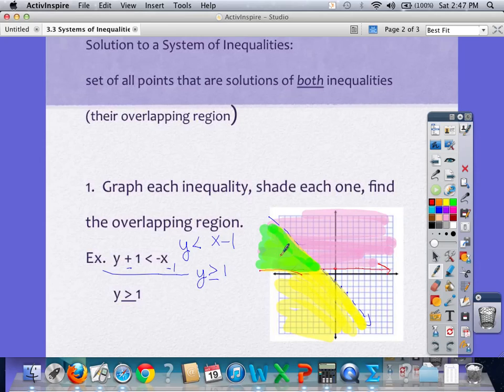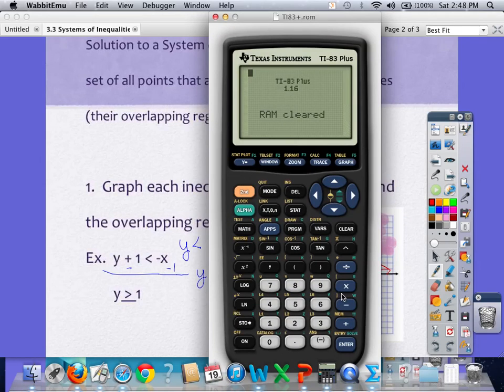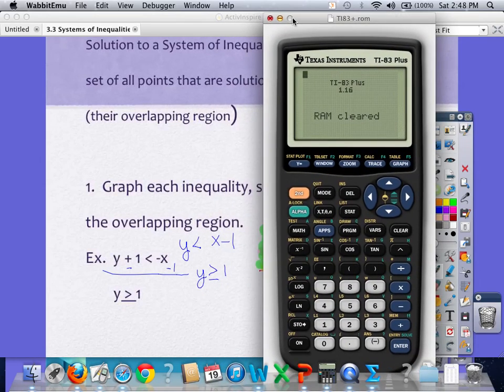Now we can set it up on your graphing calculator and you'll be able to see that they overlap. This may or may not work. We'll try it. I'll show you a different way on your calculator.